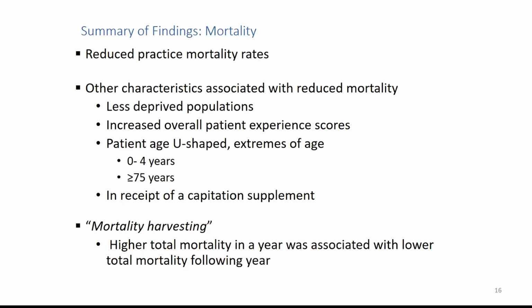But essentially, practices used to receive what's called the mean practice income guarantee. When the contract came in 2004, in order to sort of deal with the shocks of having a new contract come in and disruption to your funding, there was a supplement that practices got that allowed them to maintain the level of funding that they had before.